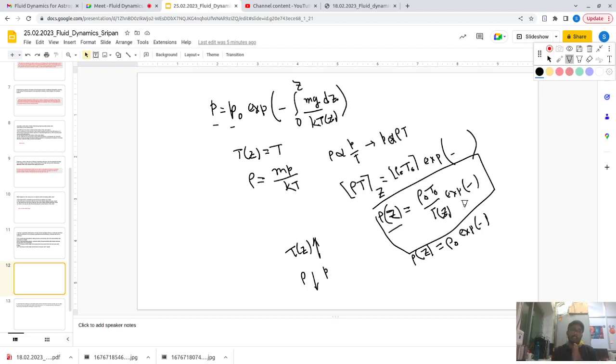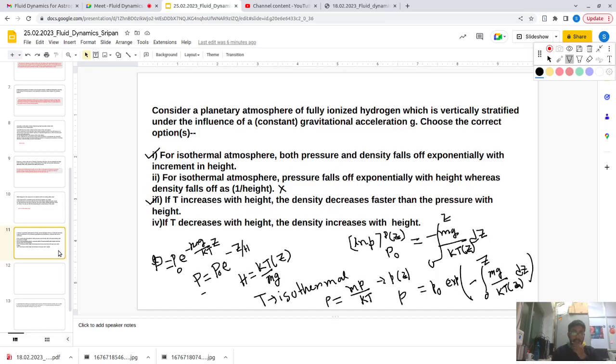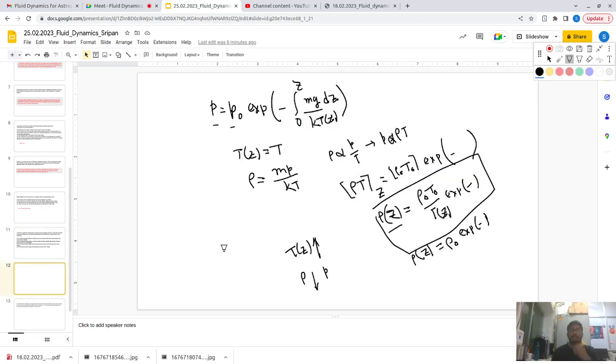The exponential, irrespective of whether the temperature is decreasing or increasing, will decrease your value, right? And you have a Tz, which is increasing, right? Now if it is decreasing with height, so what will happen?